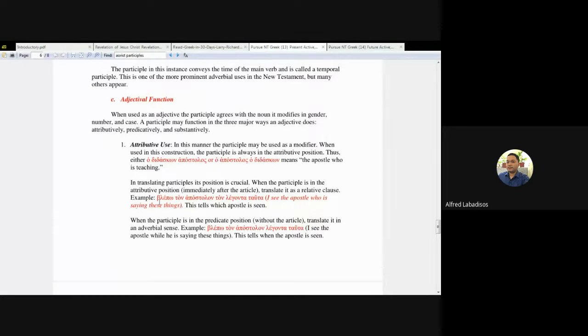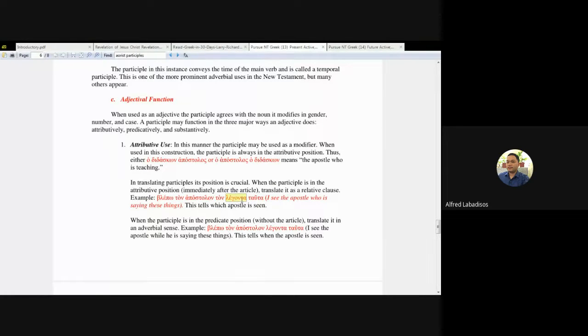For example, blepo tous apostolous tous legontas tauta. So blepo is I see. We have tous apostolous, the apostles. Then tous legontas. So you have the definite article, then you have the participle, legontas. The verb stem is leg from the word lego.